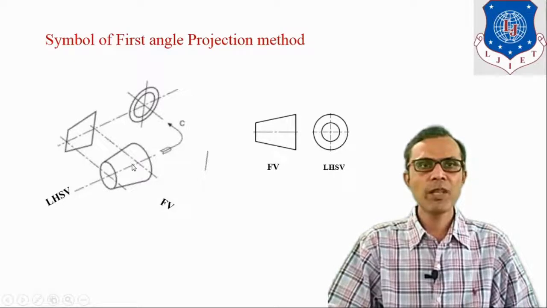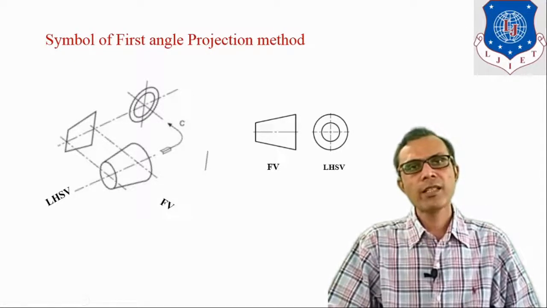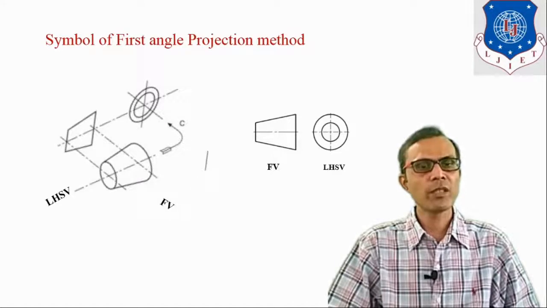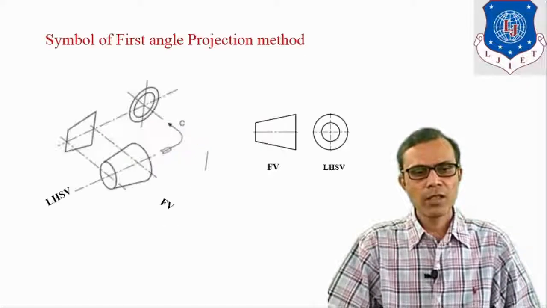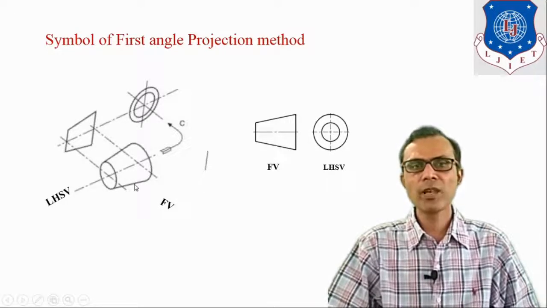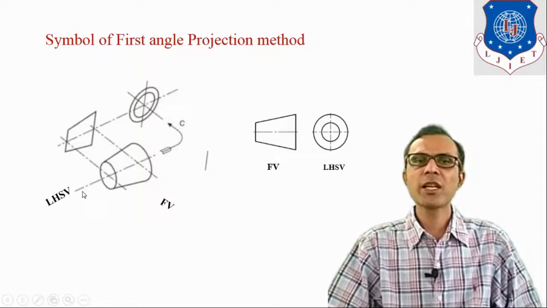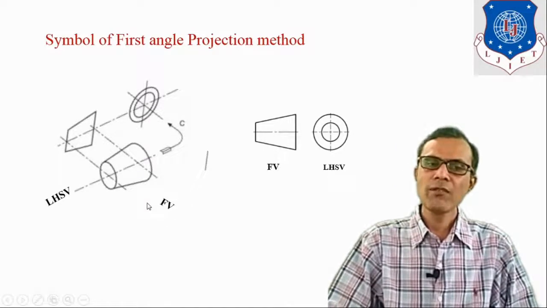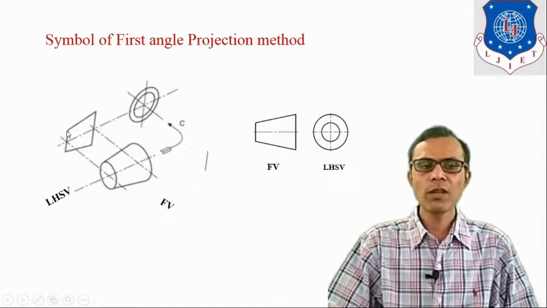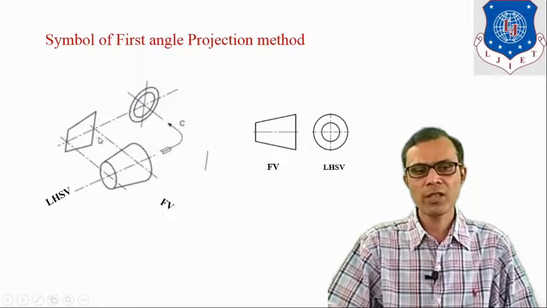It is placed in such a way that its axis is parallel to both HP and VP. So this direction is the direction for the front view. It is the direction for the front view, and this direction is the direction for the left hand side view. So when we look at this frustum from this direction on vertical plane, it will look like this shape as it is shown here.